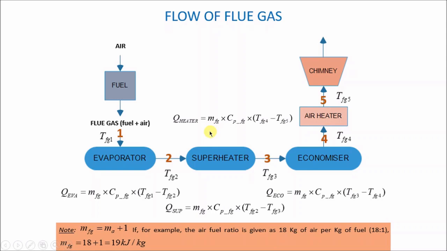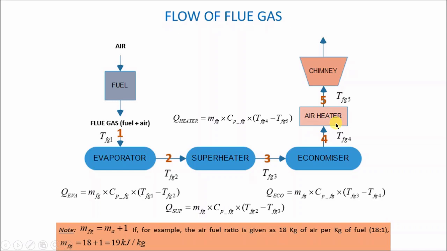You will again multiply the mass of the flue gas by Cp of the flue gas, and then multiply that by a change in temperature. But in the case of the air heater, the change in temperature is between the temperature of the flue gas at state 4 and the temperature of the flue gas at state 5. So that difference is what you look at when you try to find the heat absorbed by the air heater.